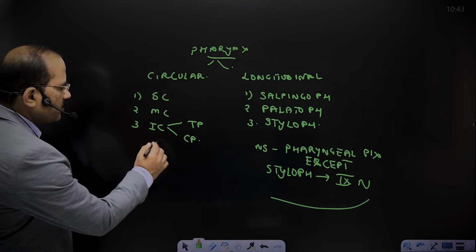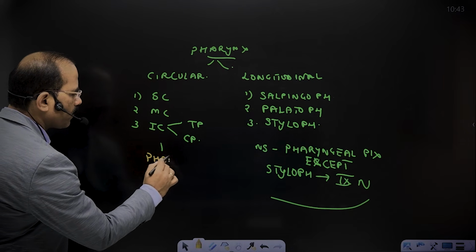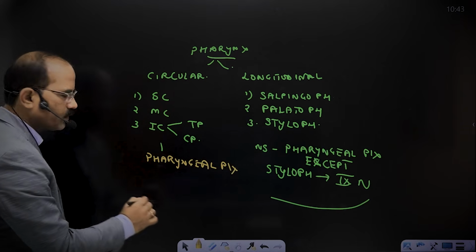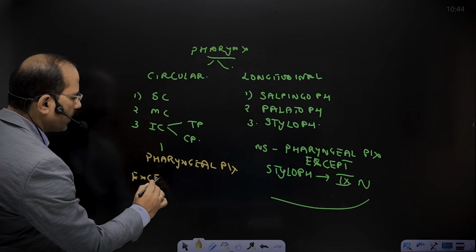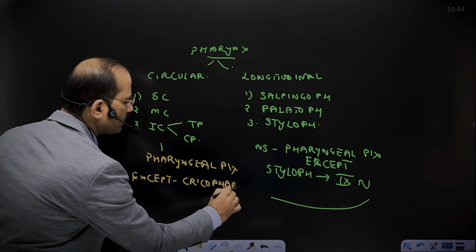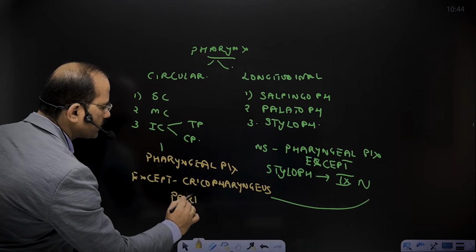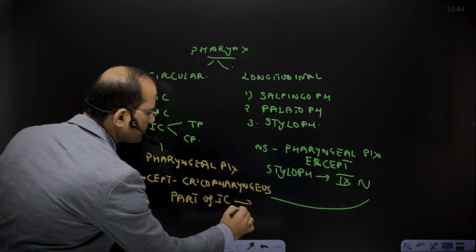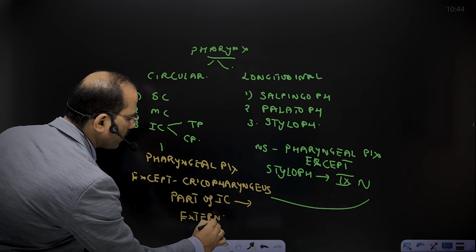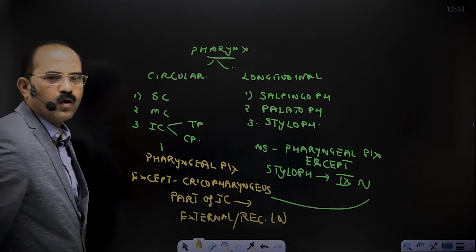And what about the circular muscles of the pharynx? What is the nerve supply of the circular muscle? Again, the pharyngeal plexus, except the cricopharyngeus part of the inferior constrictor, which is supplied by the external or recurrent laryngeal nerve.